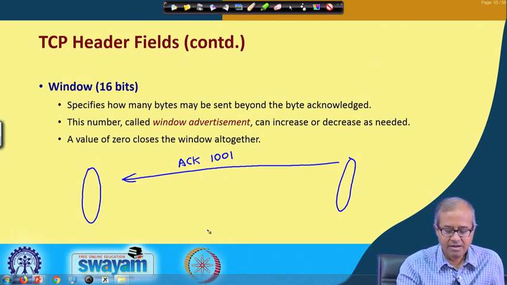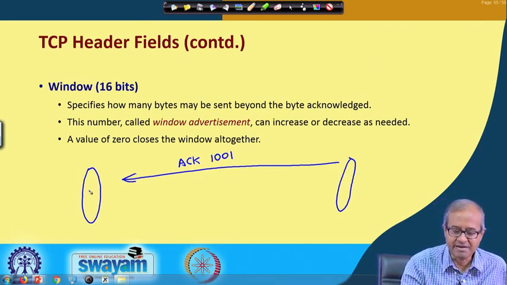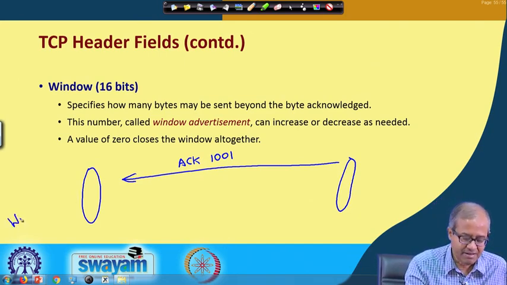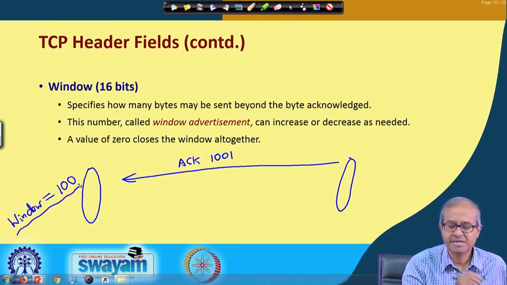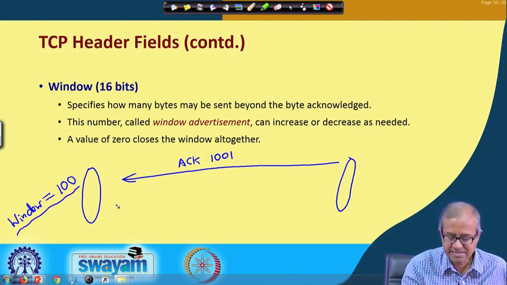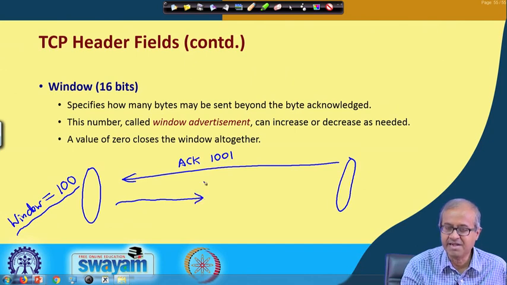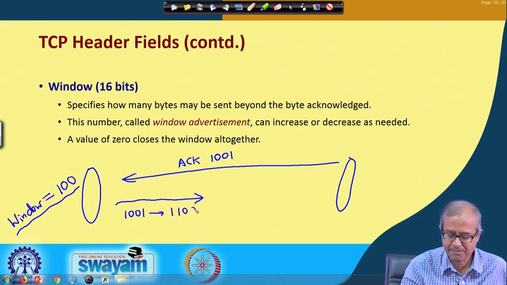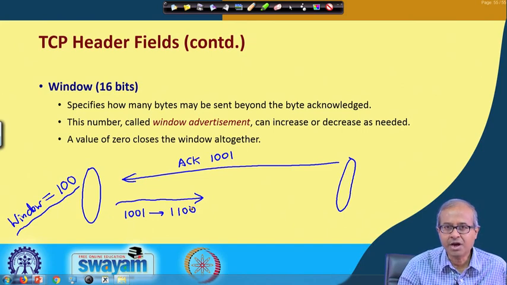Okay. Now, for the sender, let us say the window field is 100. Let us take an example. This means that the sender can now start sending byte numbers starting from 1001 up to 1100 without waiting for an acknowledgement.